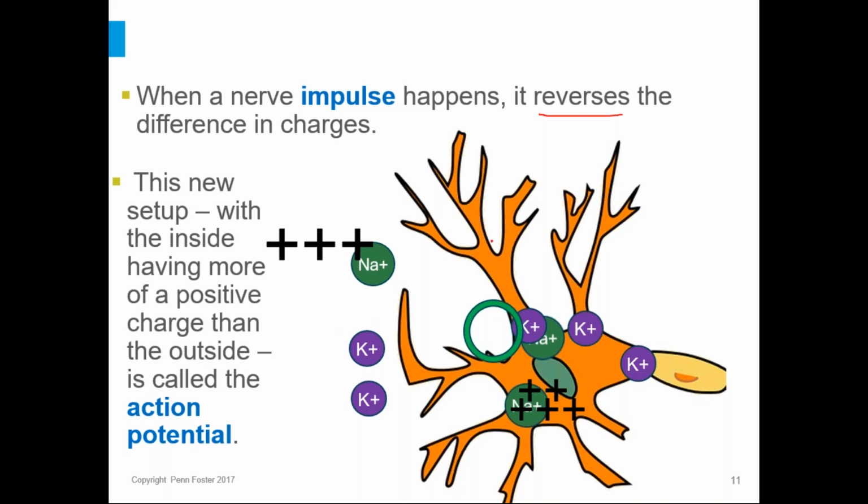The cell is now more positive inside than it is outside. This new setup, with the inside having a more positive charge than the outside, is called the action potential. And this impulse races down the axon, changing the resting potential all the way throughout the neuron.